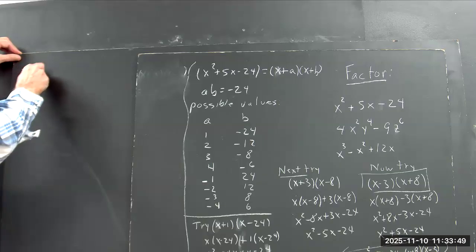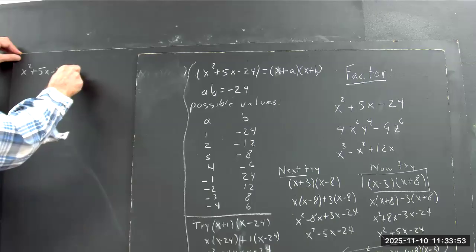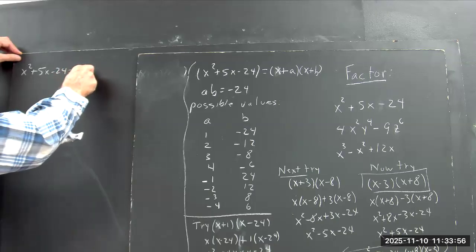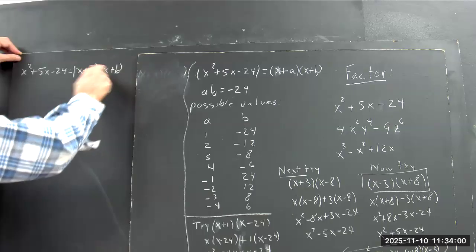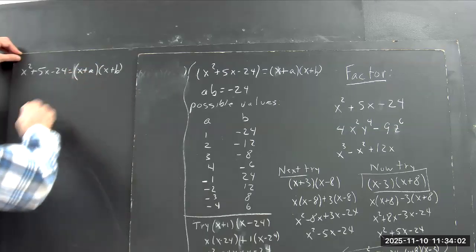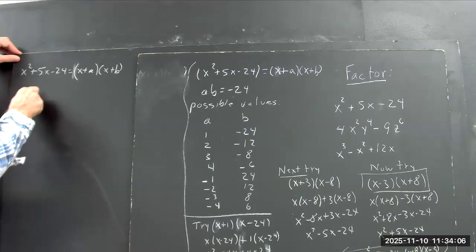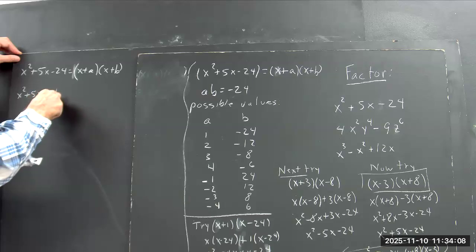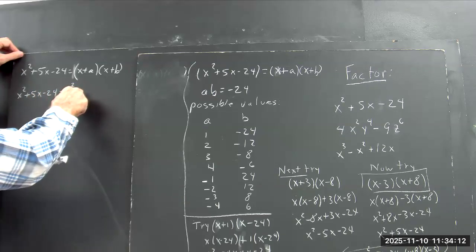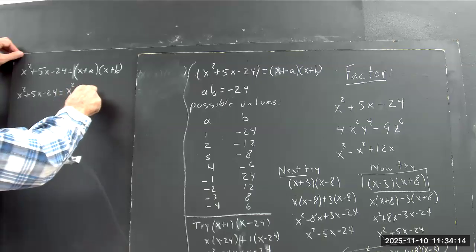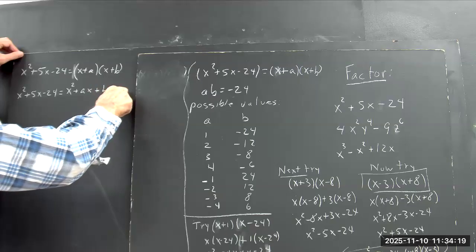Okay, now what we can do is write x squared plus 5x minus 24 equals x plus a times x plus b. So that x squared plus 5x minus 24 equals x squared plus ax plus bx plus ab.